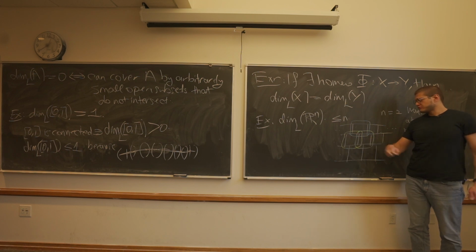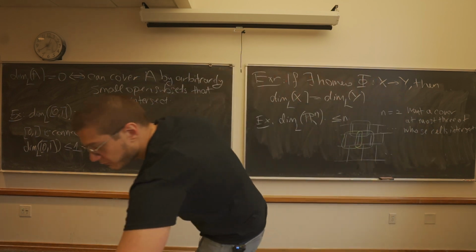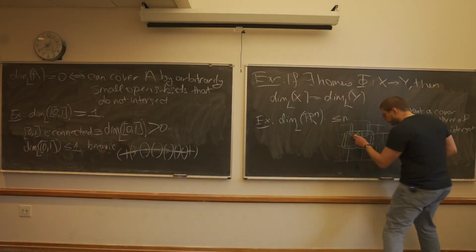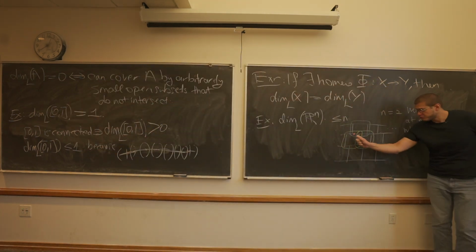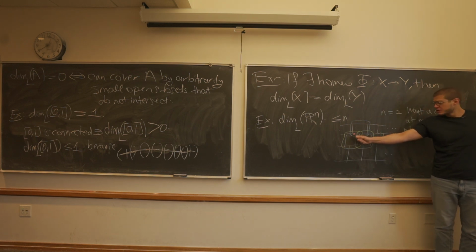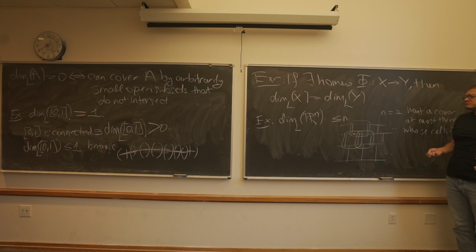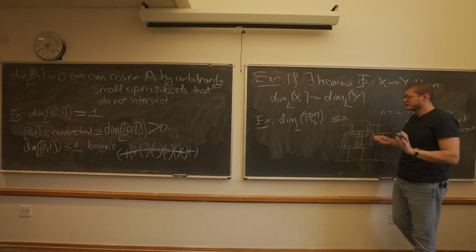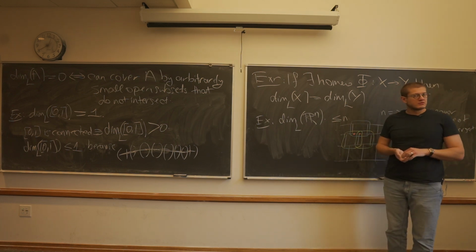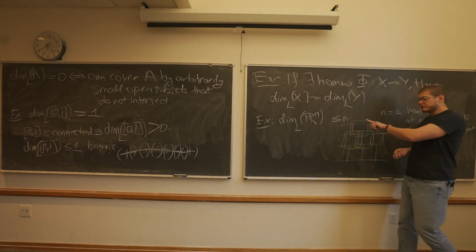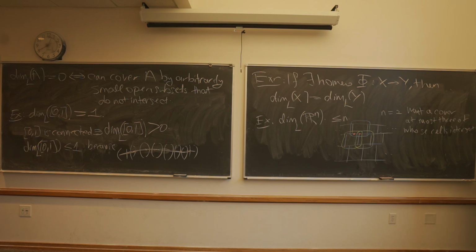For instance, this point over here is in exactly 2 cells. But if I were to look at, for instance, this point, it's in exactly 3 cells. And there are no points that are in the intersection of 4 cells, because any 4 intersections is empty. Okay? So this gives you the upper bound. It doesn't give you the lower bound. Okay?